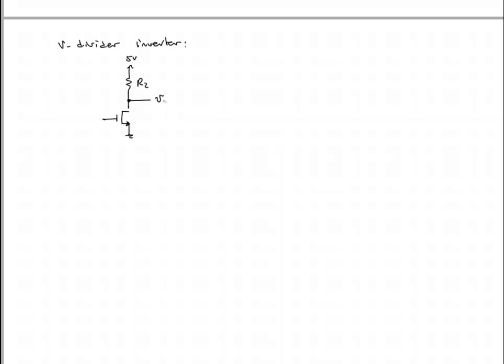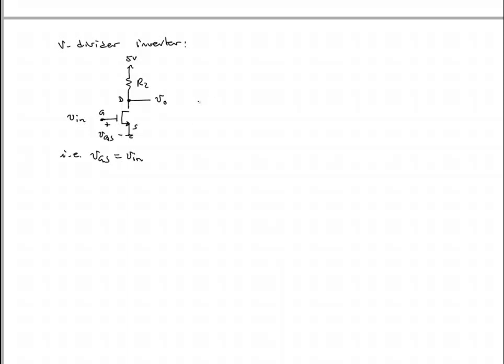Call this V out, and now we're going to say V in is this voltage between ground and our gate, and this is VGS. So in other words, VGS is equal to V in. So we would apply voltage at the gate terminal, and the output would be V out.